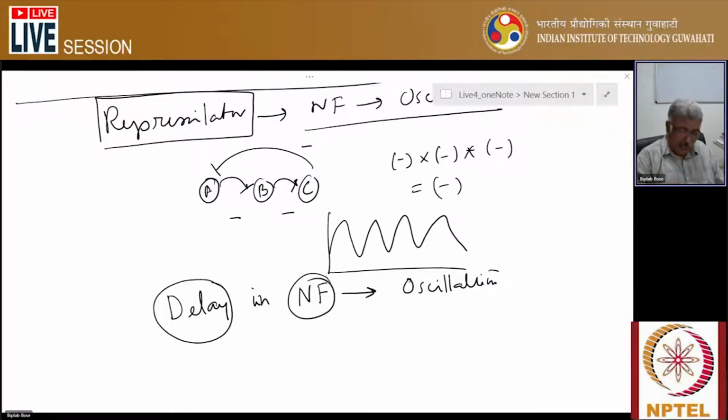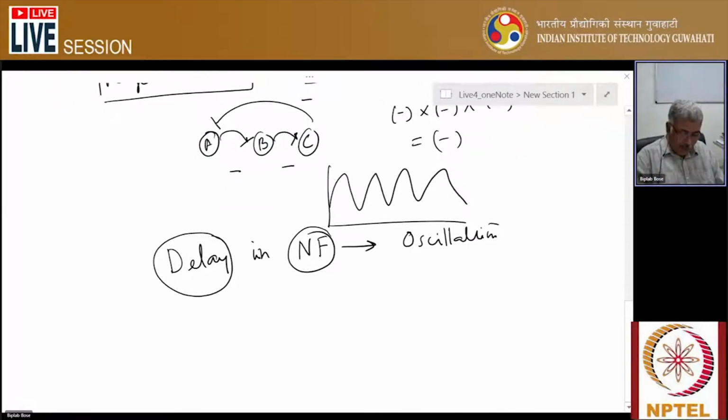So that is why if I take a negative feedback, A activates B, B inhibits A, either an enzymatic pathway or a transcriptional circuit, where A is a transcription factor and B is a transcription factor. A activates B, B inhibits A. This will not give rise to oscillation.